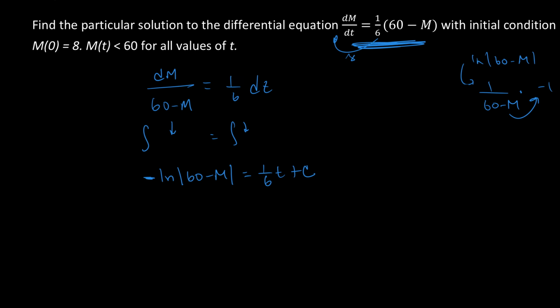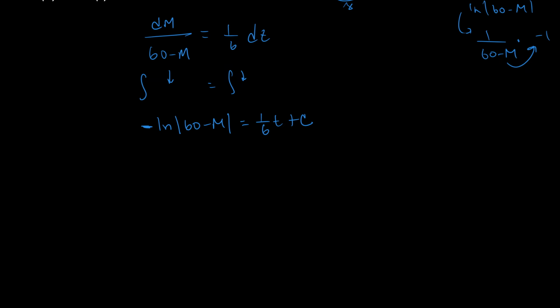Moving on from this, let's plug in our initial condition so we can solve for c. We're going to use the initial condition m of 0 being 8. Let's plug this in.